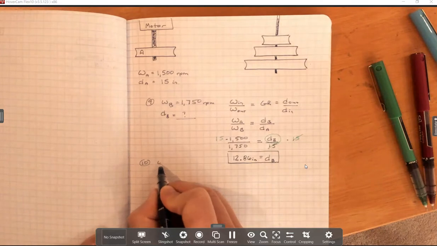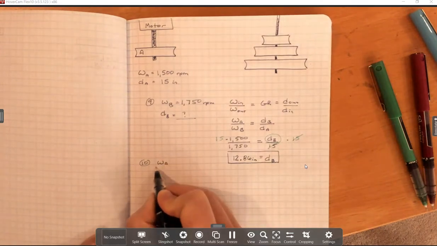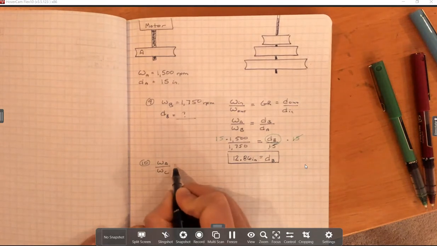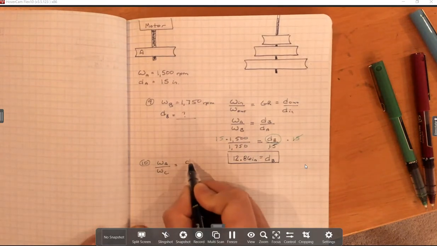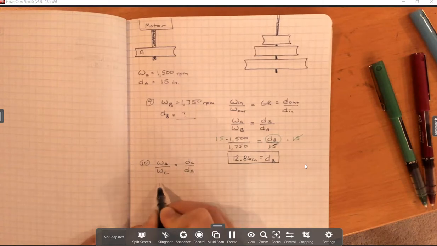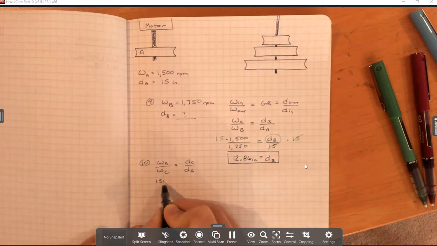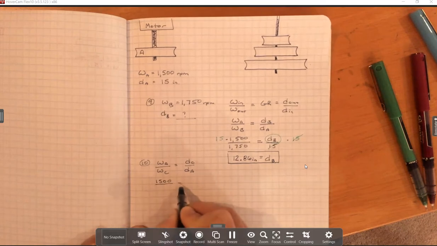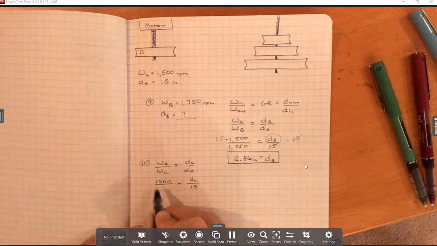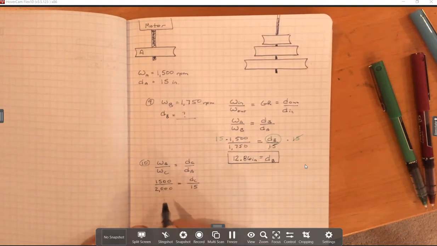The angular velocity of A over the angular velocity of C is equal to the diameter of C over the diameter of A. The properties of A stay consistent at 1500 and 15 inches. What's going to change is the angular velocity of the output. We're at a different pulley and we're wanting 2000.